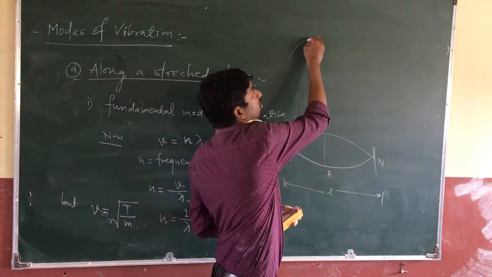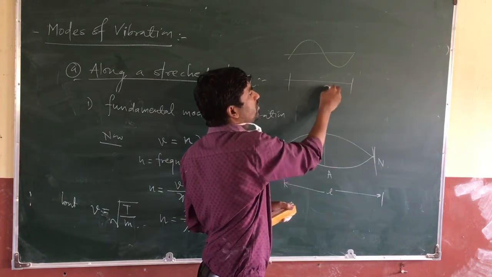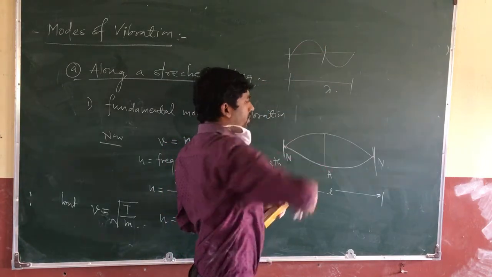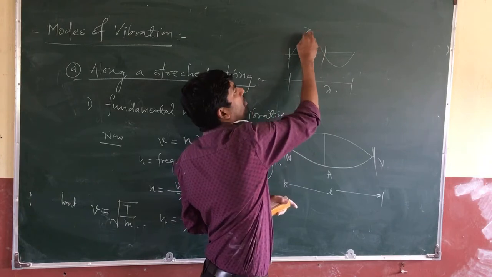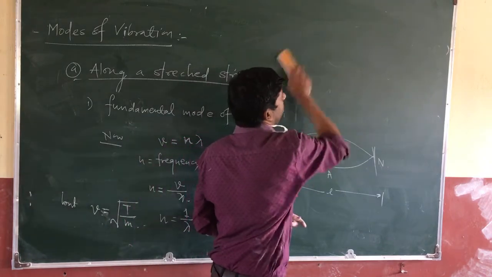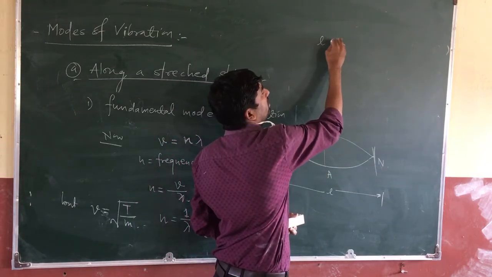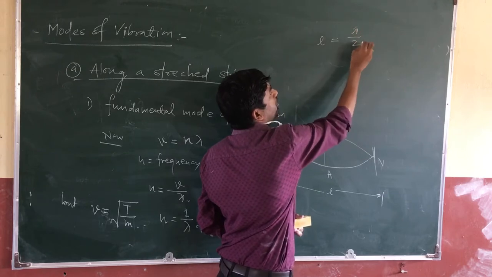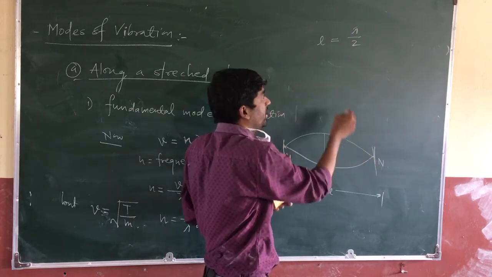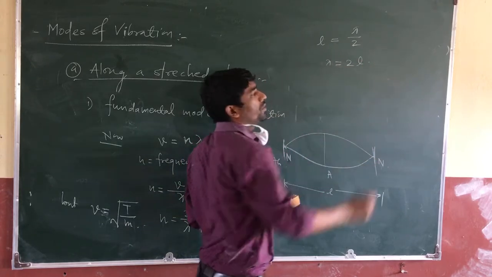This one is the complete wave, and this complete portion is the wavelength lambda, and this portion is equal to half of your wavelength. So from this fundamental mode, I can say that the length of the string is equal to lambda by 2. So lambda is equal to twice L.